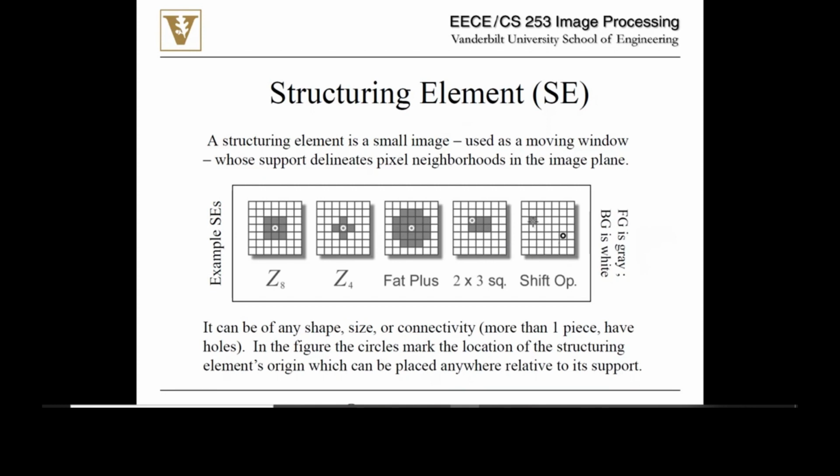So here the active pixel is displaced with respect to the origin. This is kind of equivalent to the shift operator. In a shift operator, you have a delta that is not at the origin. It is shifted with respect to the origin. So these kernels, in this context, are called structuring elements.